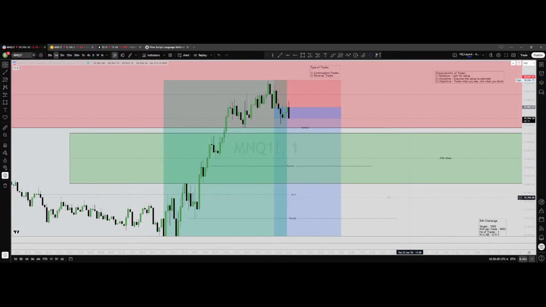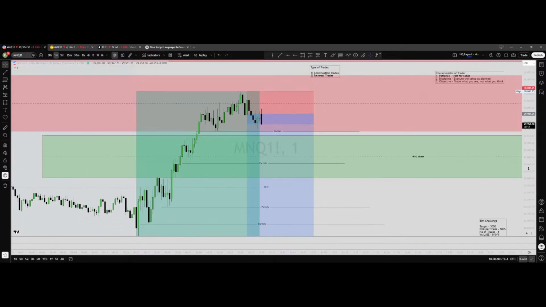As of right now, we are in a trade. We are not looking for anything else other than the levels we have marked below. It all depends on what price does by itself.